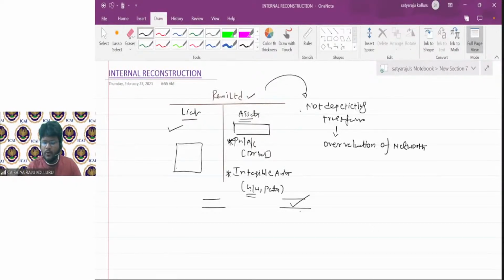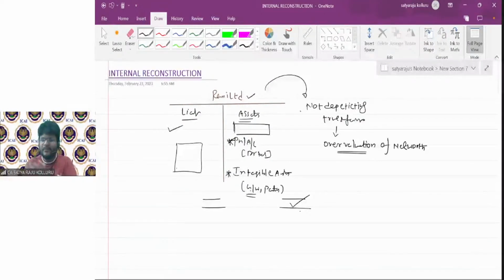Now, to show all the assets and liabilities at market values or fair values before going for liquidation, the final option available to the company is internal reconstruction.